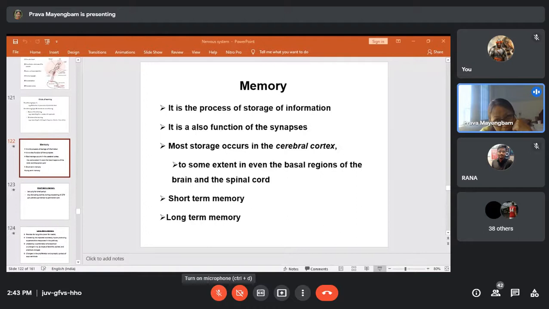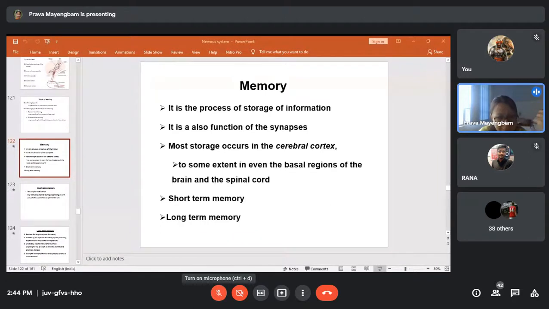How dreams happen and how they are formed, whether short term or very short term, is still not very clear. The investigation is still going on. But here, short-term memory and long-term memory: something that happened in your childhood days which you still remember, that is long-term memory.